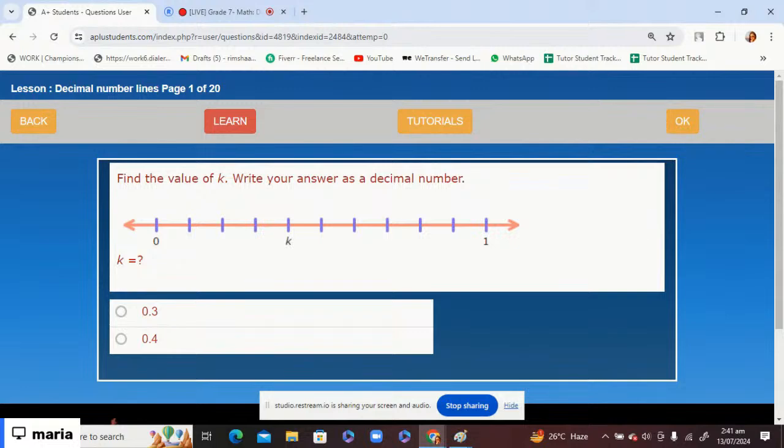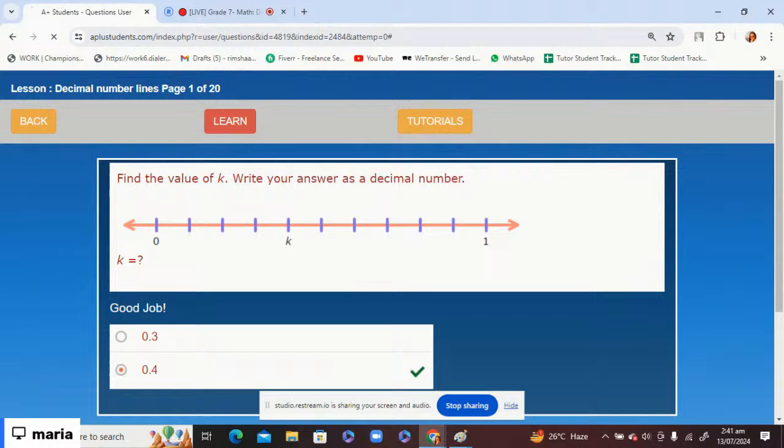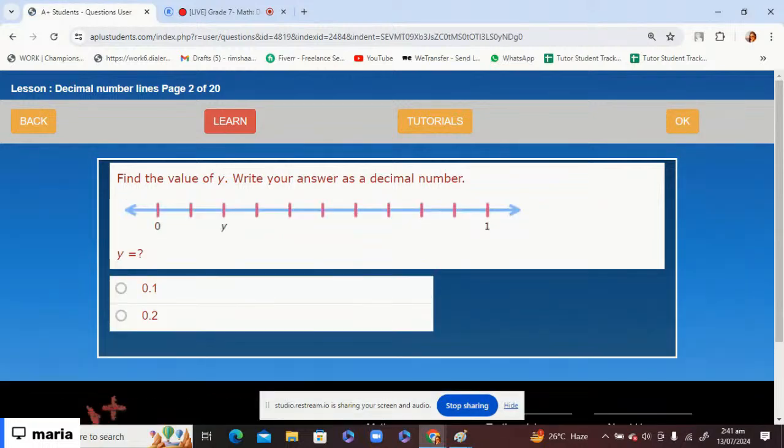When we count the small lines, it's 0, 0.1, 0.2, 0.3, and 0.4. So here it's 0.4. Now count y. Here it's 0, then 0.1 and 0.2. So here we go with 0.2.